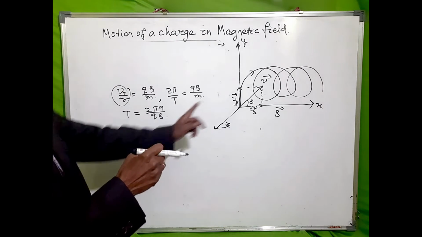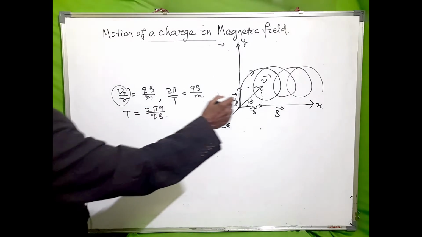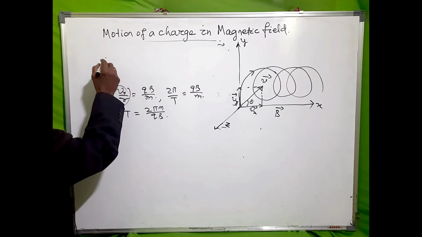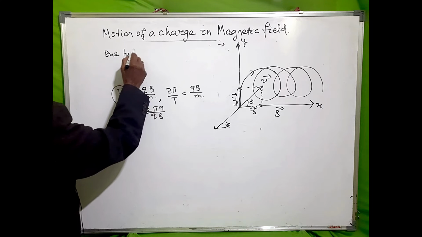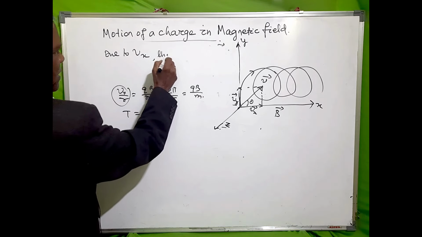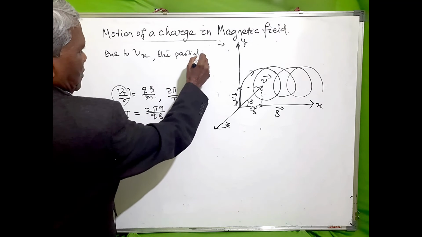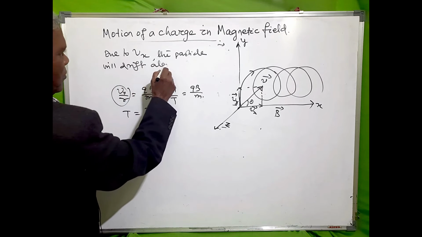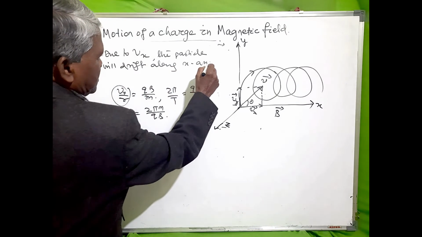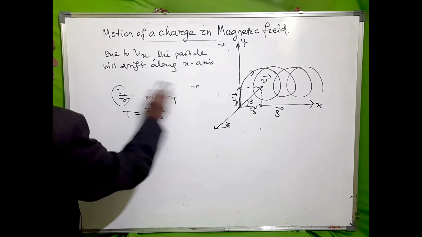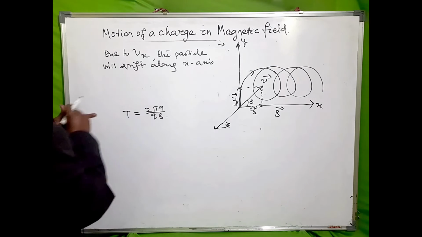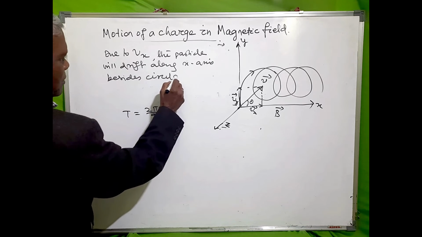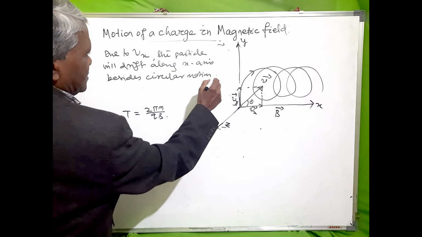Thus the particle will take a helical path, and p is the distance travelled by it. Due to Vx, the particle will drift along the x-axis, besides circular motion in the YZ plane.